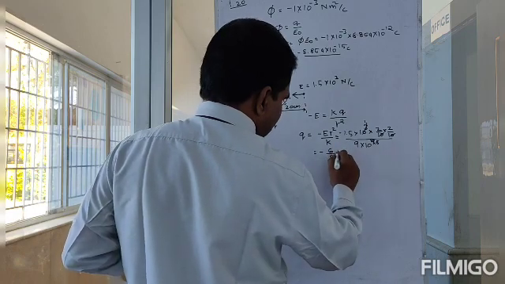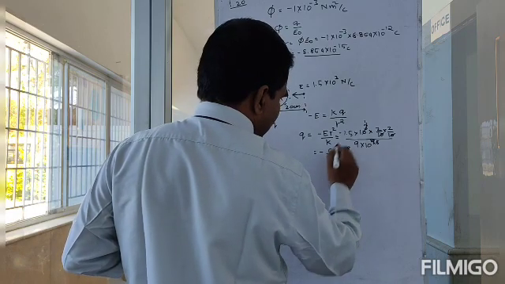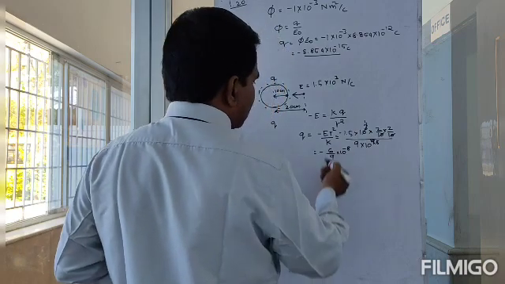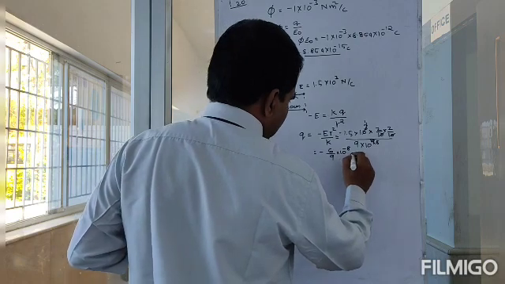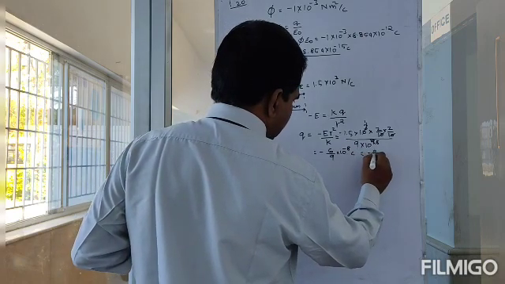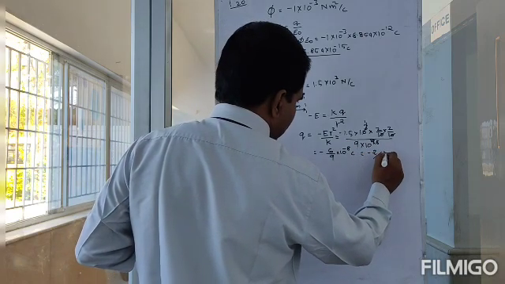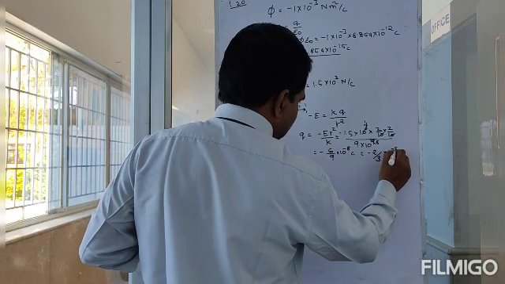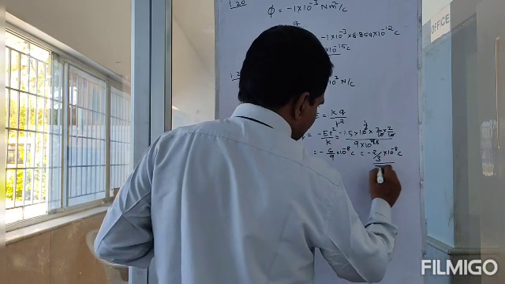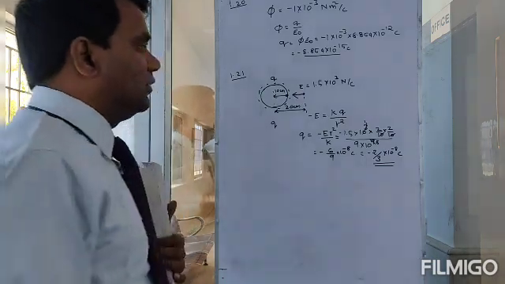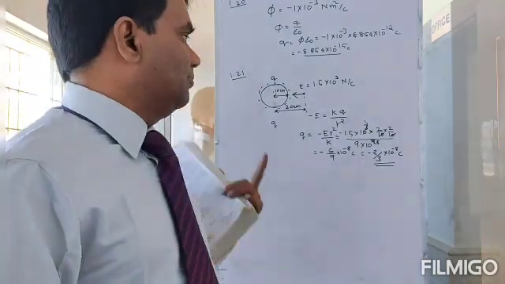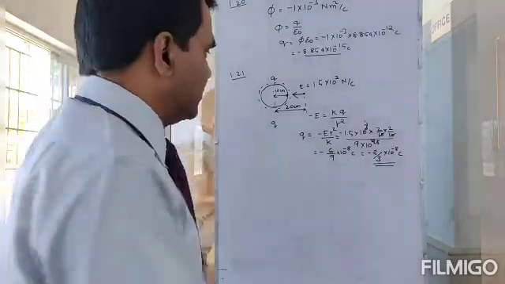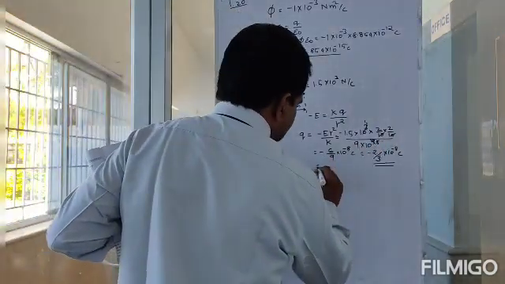Take it up to 10 to the power minus 8. So it's going to be 2 by 3, right? So Coulomb. So it's going to be minus 2 by 3 into 10 power minus 8 Coulomb. So there is a negative charge of minus 2 by 3 into 10 power minus 8 Coulomb. Or, I can also change it, right?